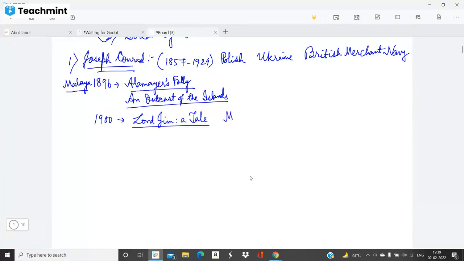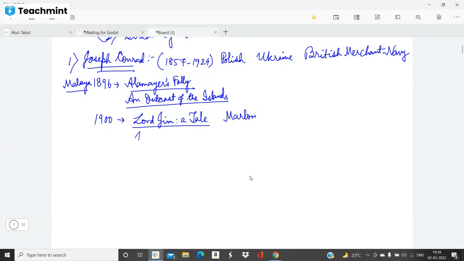Here the narrator is Marlow, and Marlow basically reappears in one of his other great novels, which was a part of a collection.